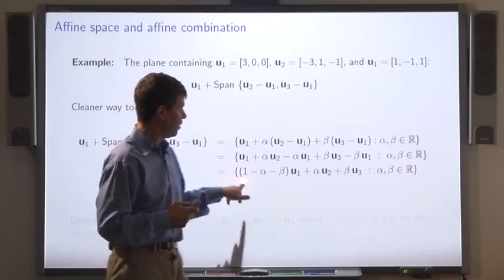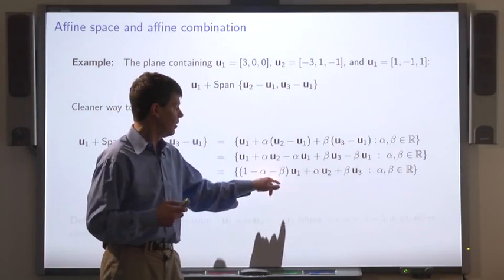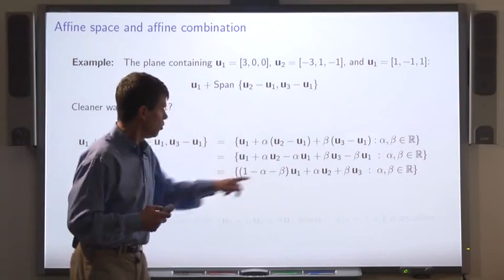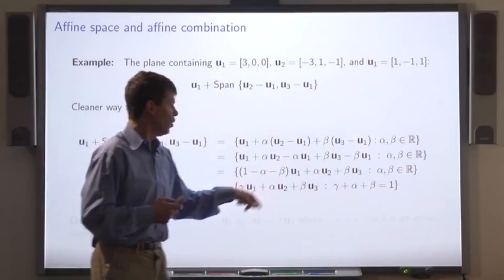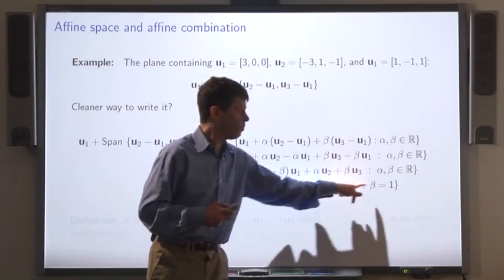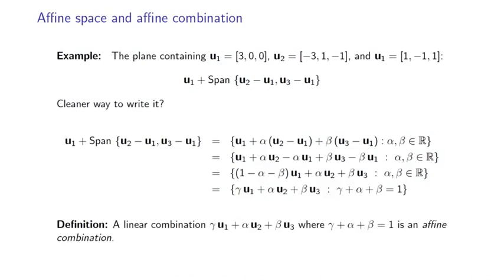Then it's the set of all linear combinations where the first coefficient is 1 minus alpha minus beta, where alpha and beta are the other 2 coefficients. So we'll do a substitution. We'll replace 1 minus alpha minus beta with another variable, gamma, and require that gamma plus alpha plus beta equals 1. So this is the same set. And this is a nicer representation of that set.